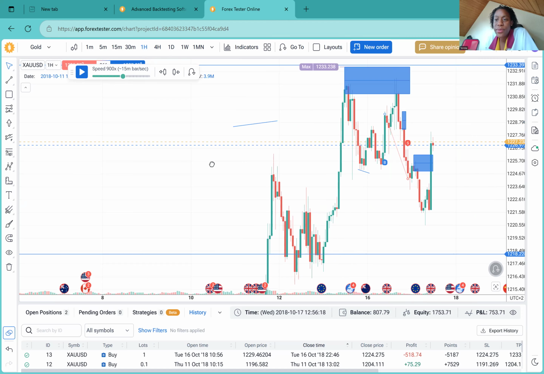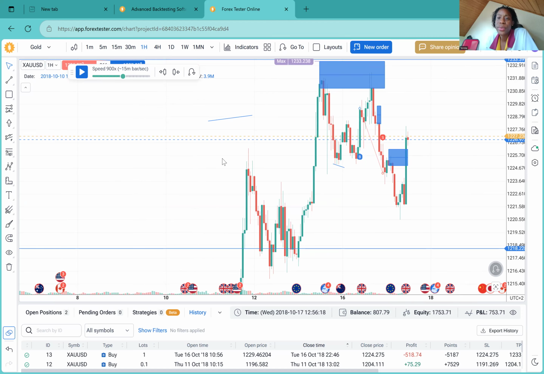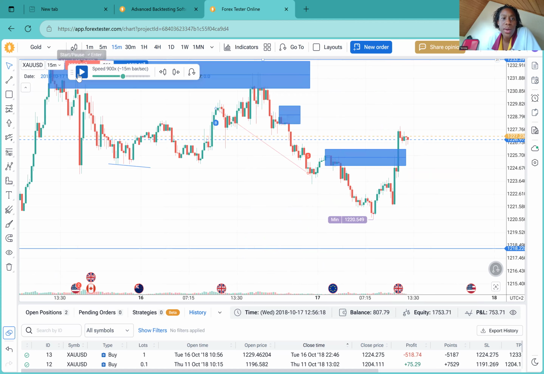Let's see on the higher time frame. Yep. So we have a change of character here, because price had decided to give us higher highs, higher lows. So let's see what it decides to do now.